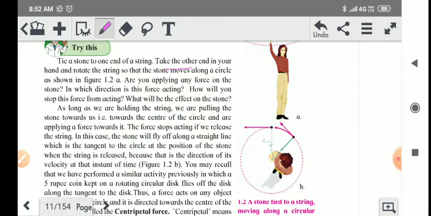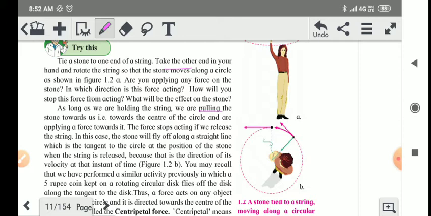So we can see here, the stone is rotating in a circular path, and this is due to the force applied through the string. As long as we are holding the string, we are pulling the stone towards us, that is towards the center of the circle, and applying force towards it.